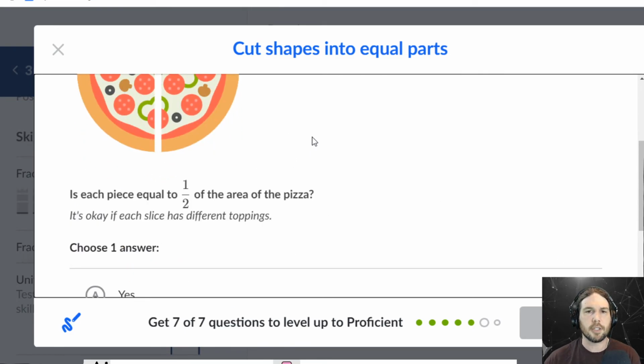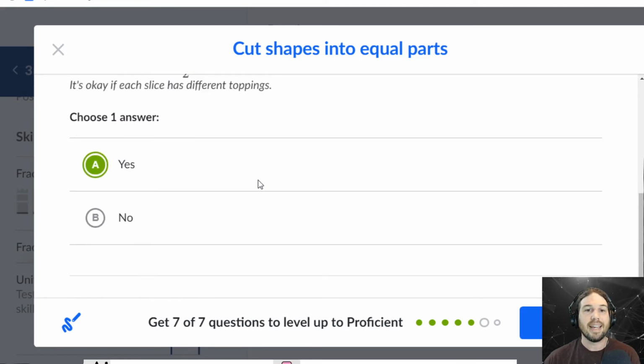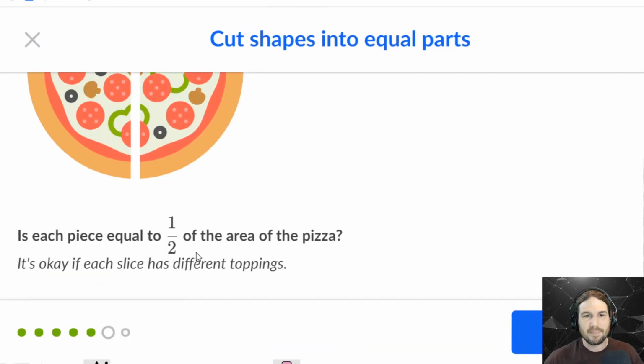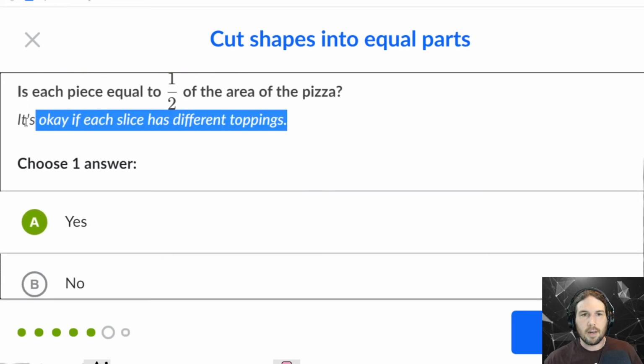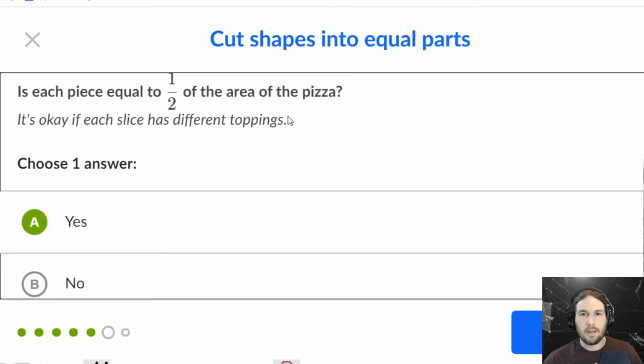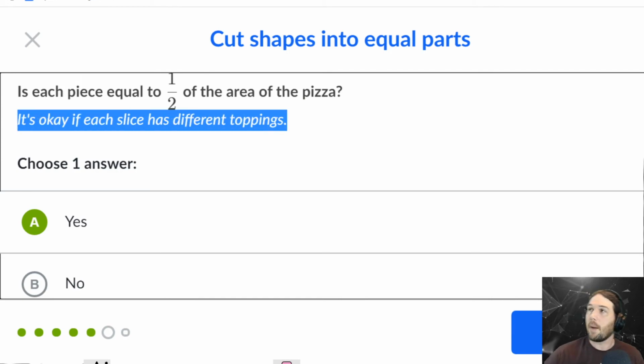This pizza is cut into 2 pieces. Is each piece equal to 1/2 of the area? Oh, I love it. Do you see this here? It's okay if each slice has different toppings. Yes, and this is exactly the kind of question that you will get at some point.